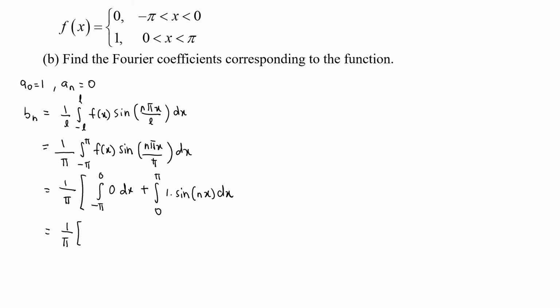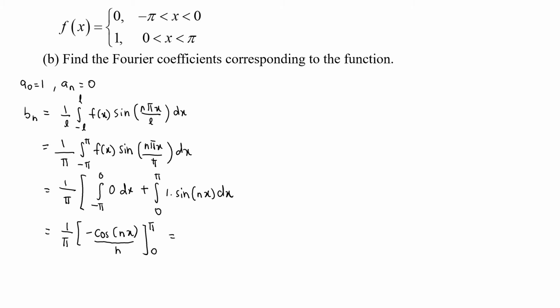So now we can solve this. It will be negative of cos(nx), and then when we integrate, this will be over n, from 0 up to pi.